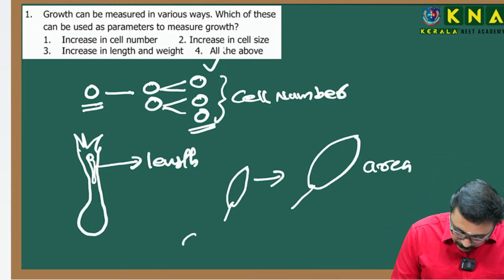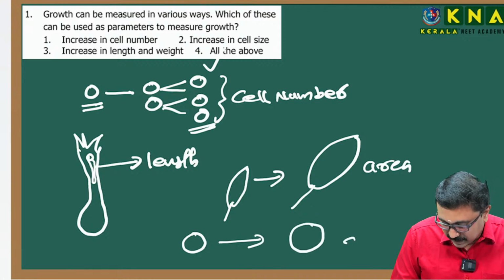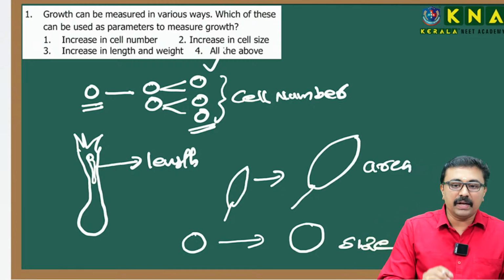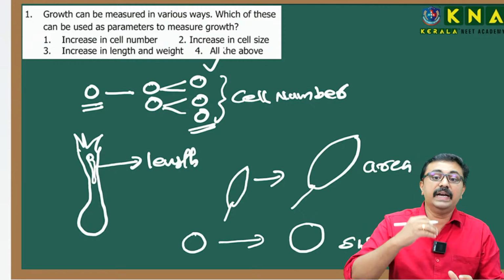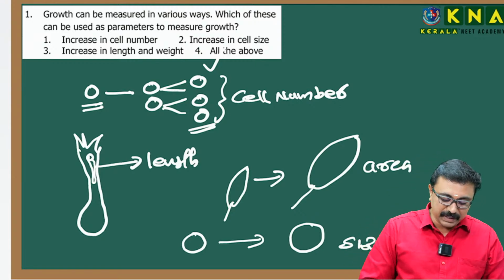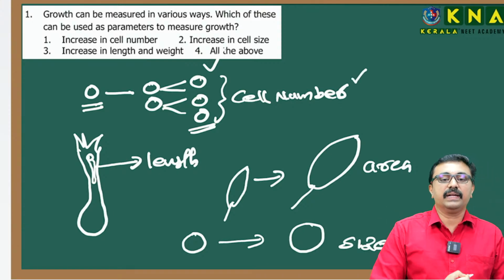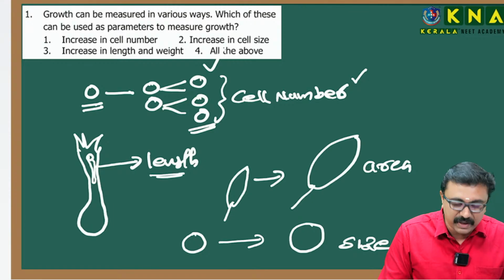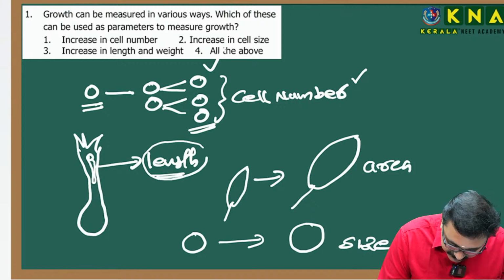This is an apple fruit. After some time its size increases. That means growth of a plant body can be measured in different ways. In the case of cells, we calculate growth by counting the cell number. In the case of a pollen tube, we can calculate growth by measuring the length.